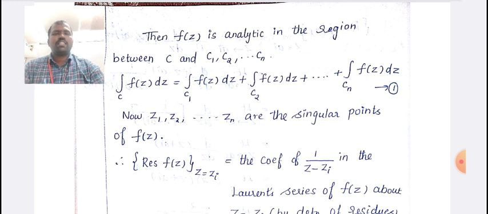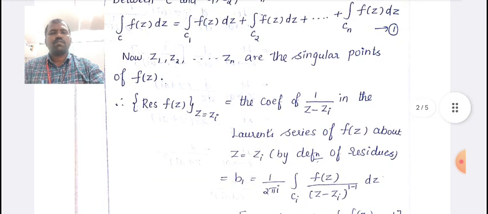Now z1, z2, etc. zn are the singular points of f of z. The residue of f of z at z equal to zi is the coefficient of 1 by z minus zi in the Laurent series of f of z about z equal to zi.